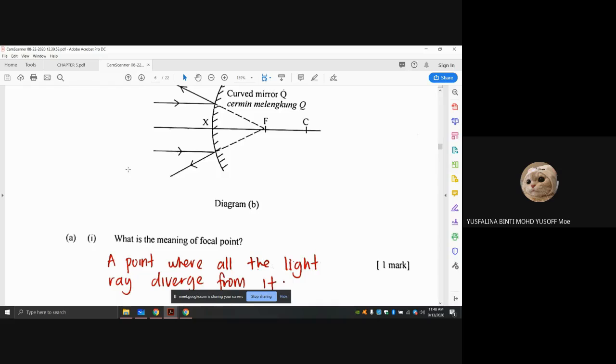Because you know that all the light rays will converge into one point, which they call the focal point. So all the light rays will go to one same point, and that point we call F. So that one is the meaning of the focal point of a concave mirror.